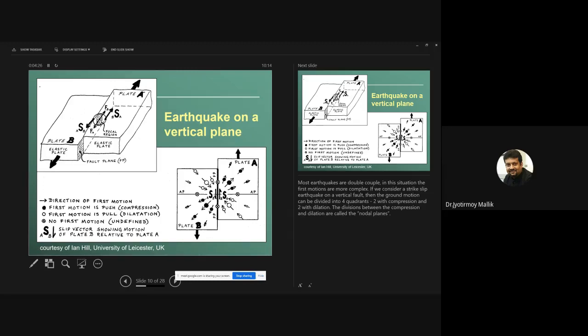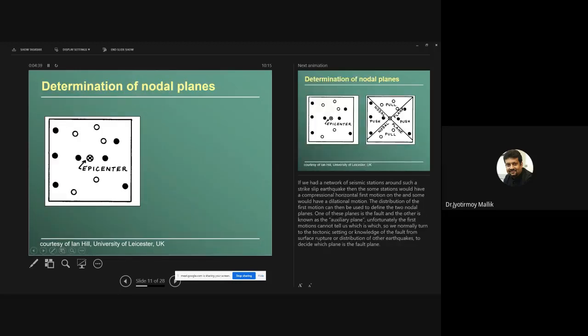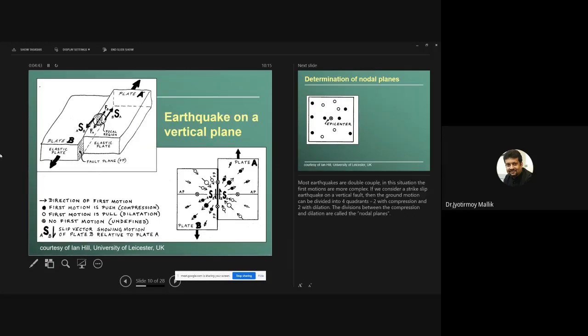So, for example, I'm first looking at a strike slip fault. Strike slip fault means, suppose this is my plate A or block A, and this is plate B. They are sliding past each other.